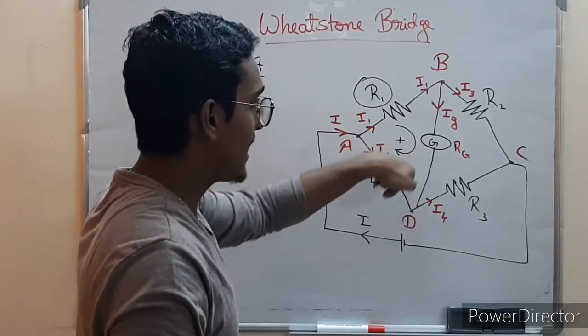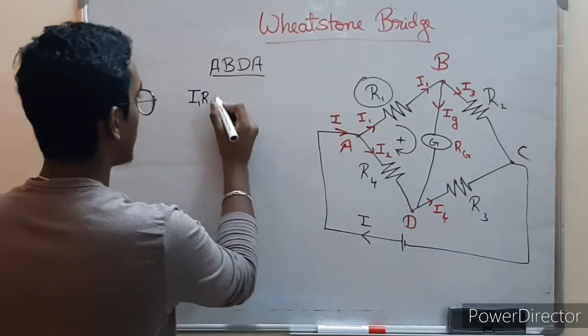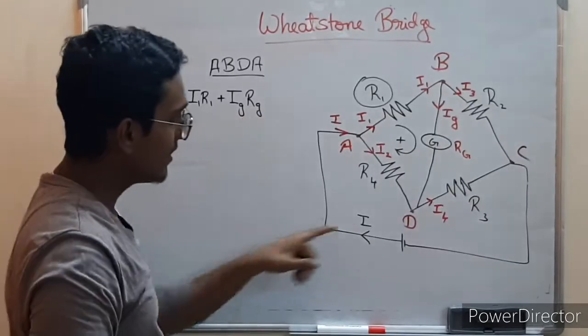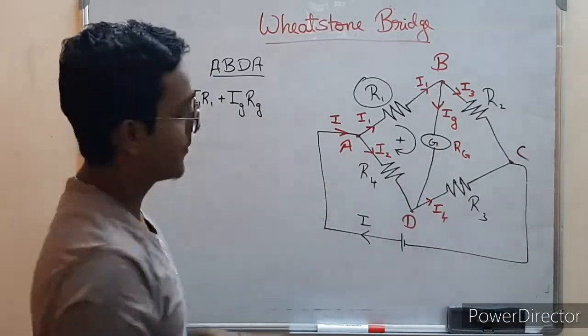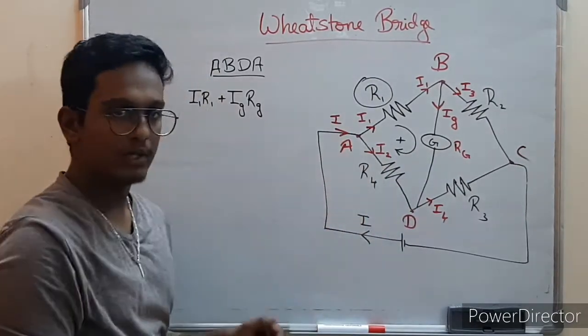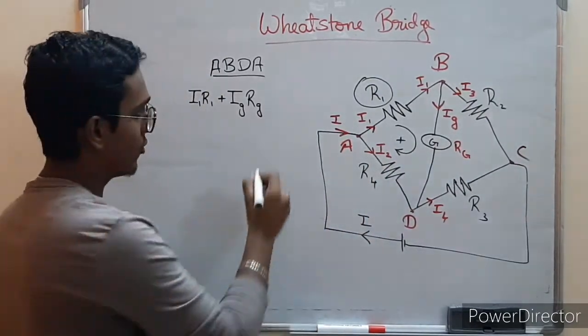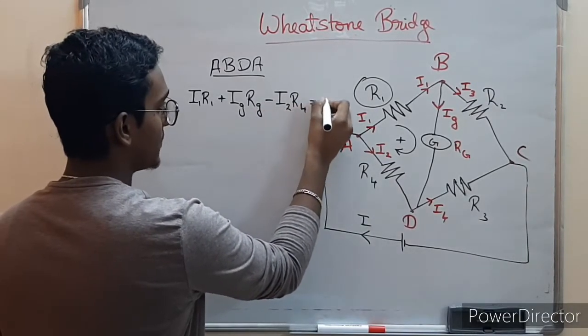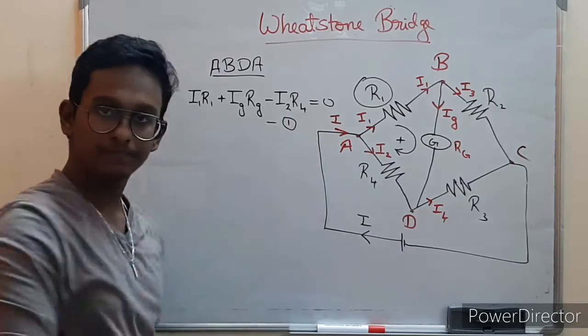Yes, because it's down and down. So IG RG. Is this in the same direction? No, this is opposite because the assumed current is supposed to go upward, but the current is downward. So it's going to be minus I2 R4 equals 0. This is our first equation.